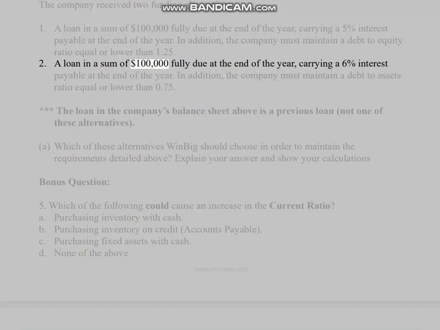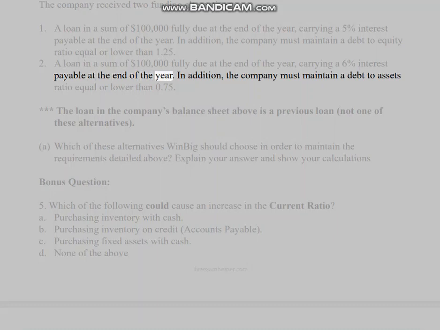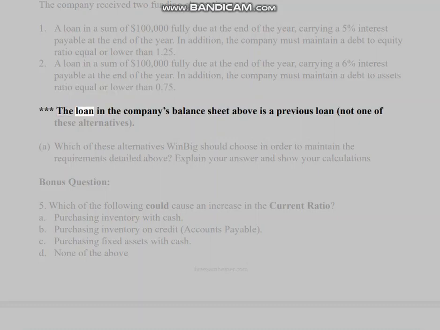A loan in the sum of $100,000 fully due at the end of the year, carrying a 6% interest payable at the end of the year. In addition, the company must maintain a debt-to-assets ratio equal to or lower than 0.75. The loan in the company's balance sheet above is a previous loan, not one of these alternatives.